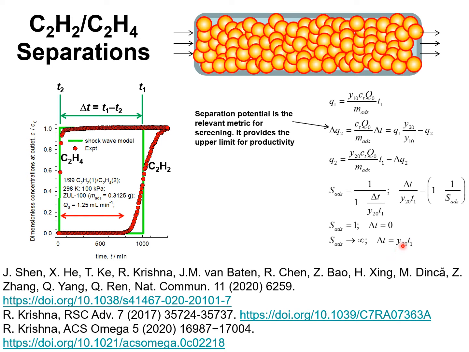This essentially also means that as the selectivity increases in value, the separation distance between the two breakthroughs also increases, and that improves the productivity of component 2 that is required in purified form.